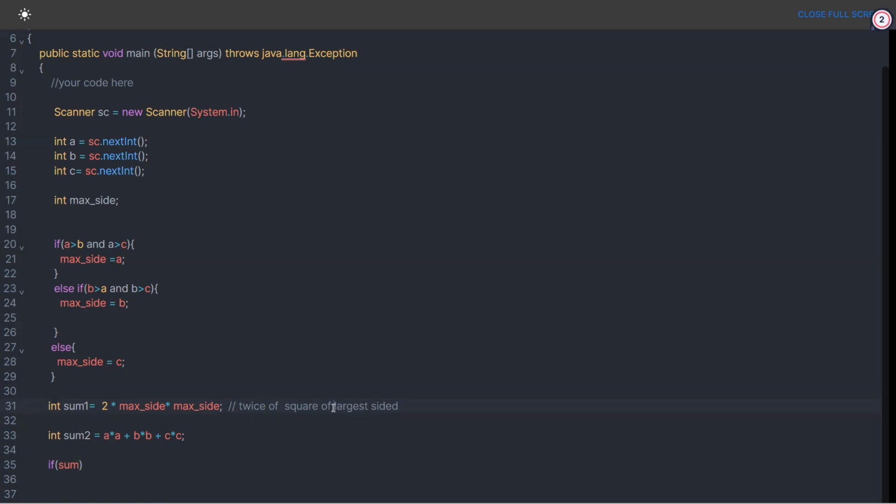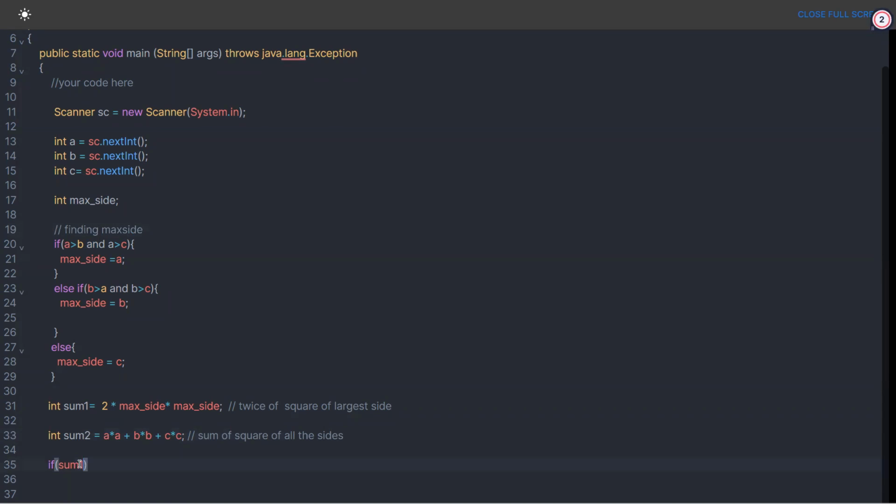And sum2 is nothing but the sum of square of all the sides. This part means finding max side.